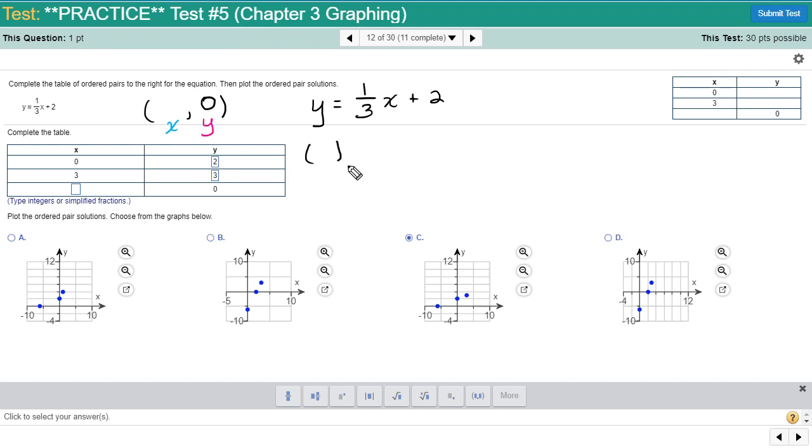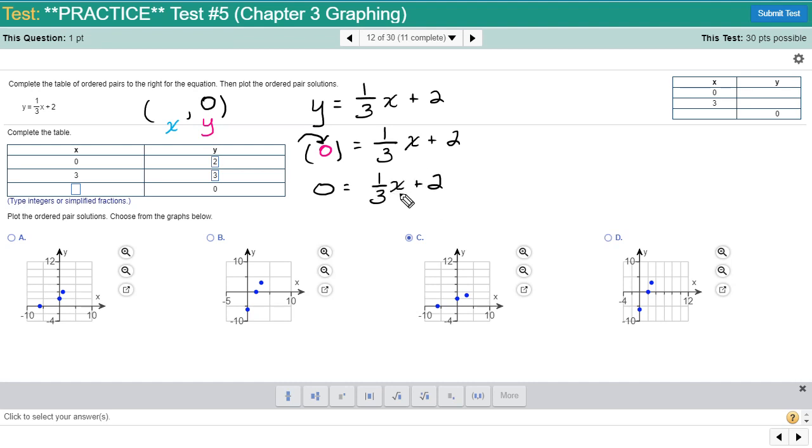So plugging in the value for y, in this case 0, is equal to 1 over 3x plus 2. Well, just like we've looked at in previous questions now, we know that the coefficient in front of this set of parentheses is an invisible 1. So if we were to distribute this positive 1 on the outside times 0, we still end up with 0 is equal to 1 over 3x plus 2.